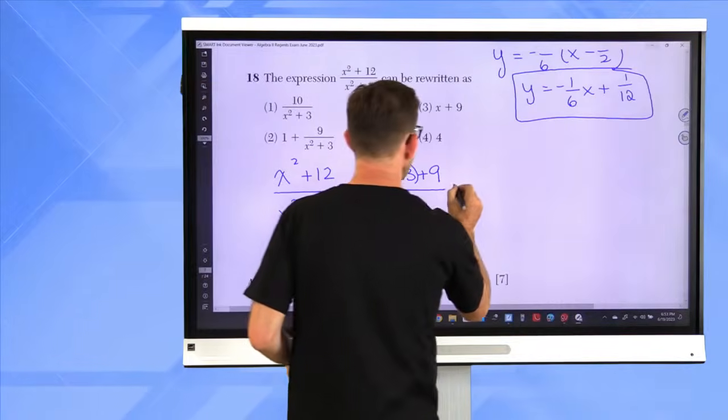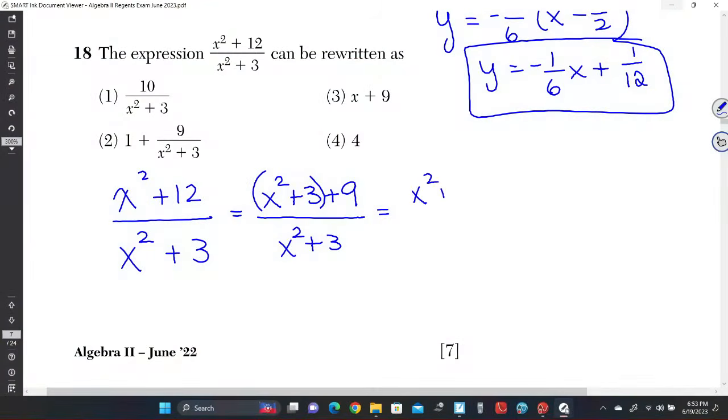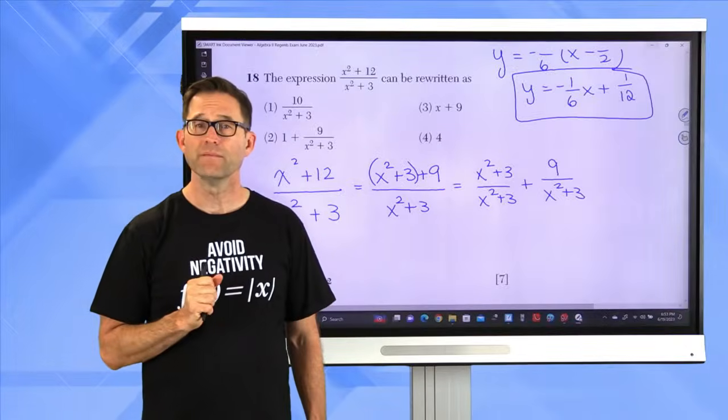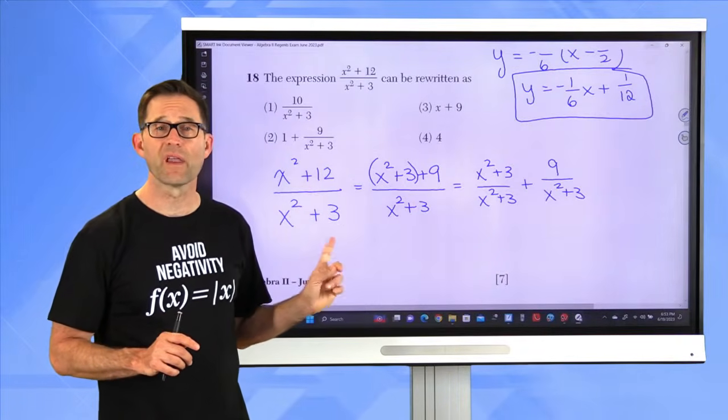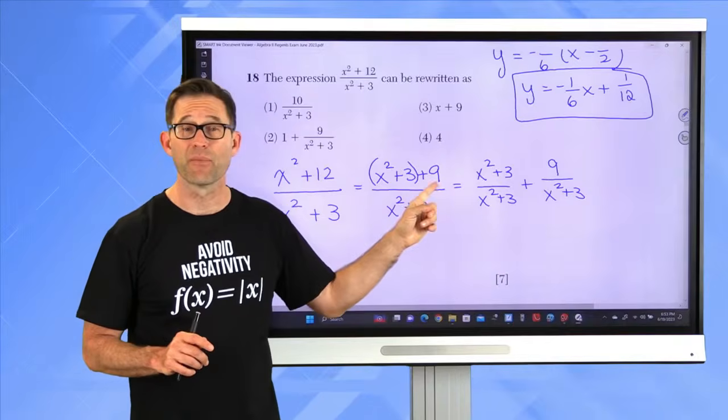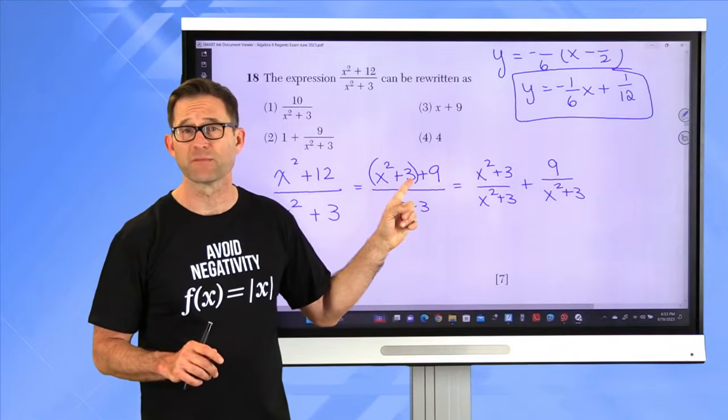So I can then rewrite this as x squared plus 3 divided by x squared plus 3 plus 9 divided by x squared plus 3. All right? So all I've done is broken up x squared plus 12 so that it looks like x squared plus 3 plus something, or minus something, but in this case it's plus something.